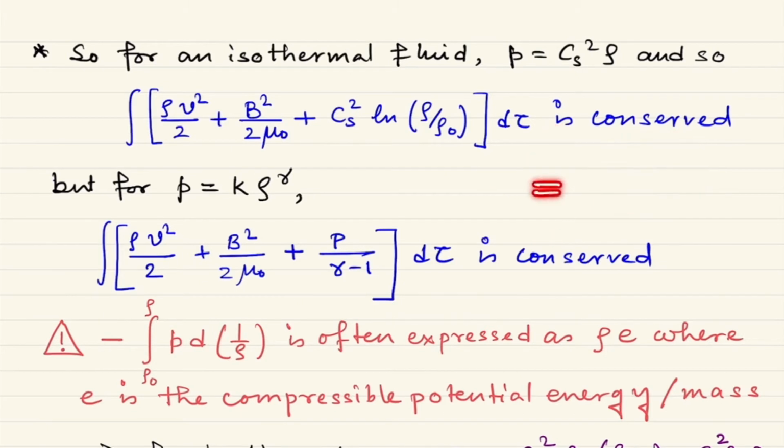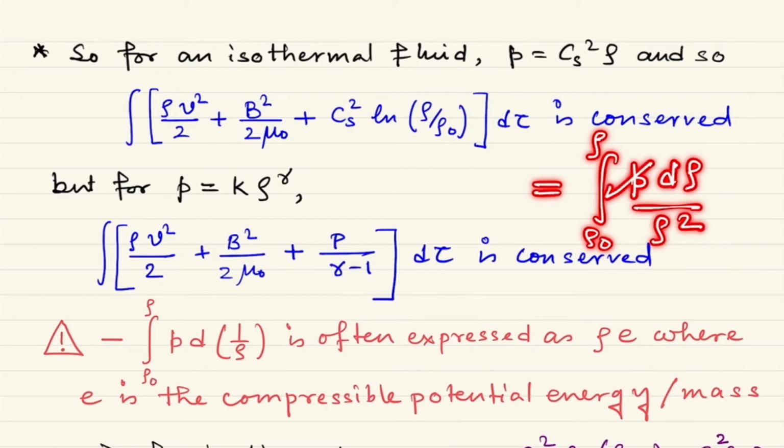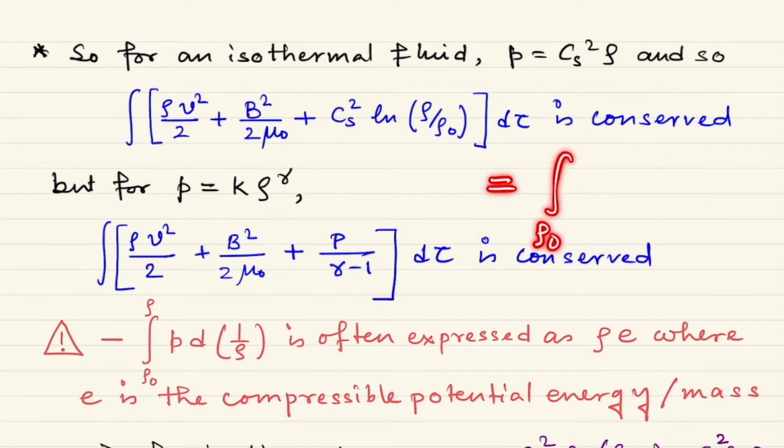So finally that will be the integration from rho 0 to rho of P d rho by rho square. This P is nothing but Cs square rho, so finally this will become the integration from rho 0 to rho of Cs square, where Cs square is a constant, times rho d rho by rho square.